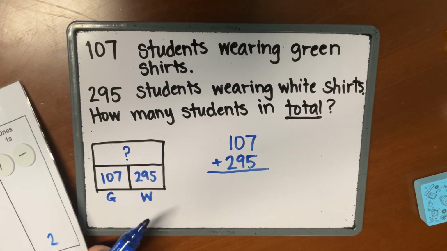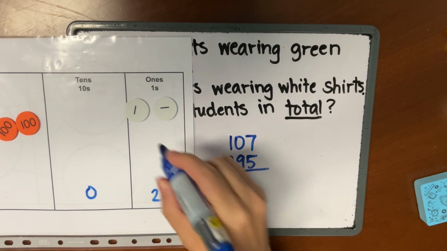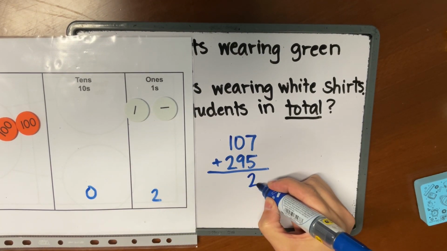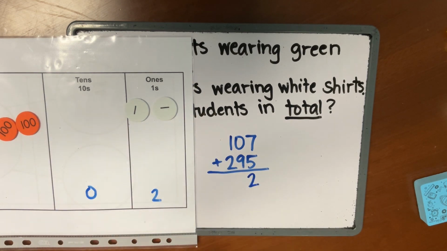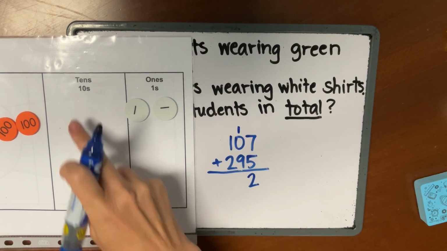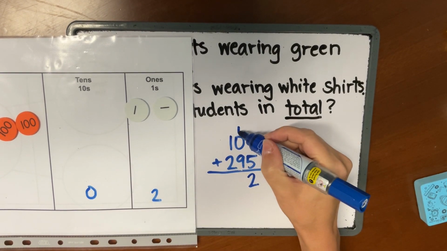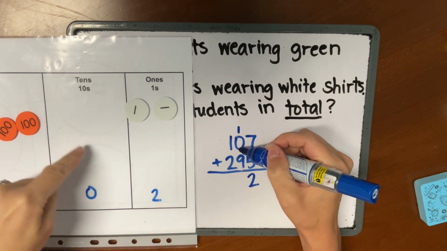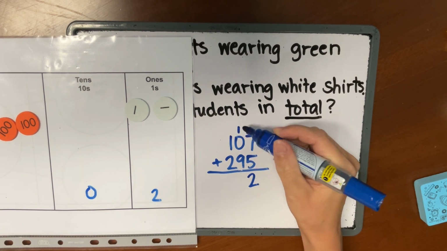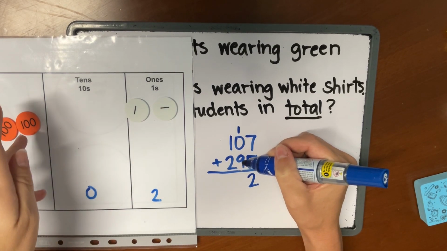So what did I do when I was moving this place value chart? Well, I remember I kept 2 1s here, and then I moved a 10 over. So I'm just going to put that 10 up here. I had 1 10. Since this is in the tens place, I'm just going to write I had 1 10, not 10 10s. But then I have 1 10, I had some 0 10s, and I have 9 10s, and that actually is 10 10s, which I had to trade for 100.